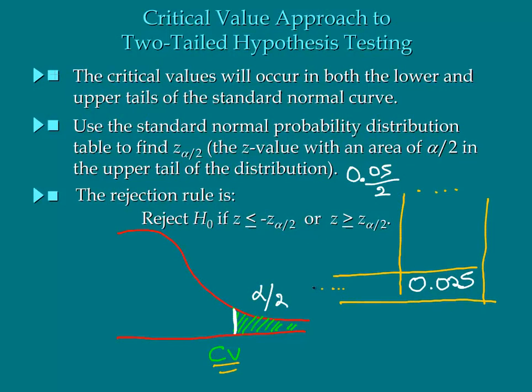In this case, you should get it on row 1.9 and column 0.06, and that means the critical value in this case will be 1.96. So that's just a quick remark on two-tailed hypothesis testing.